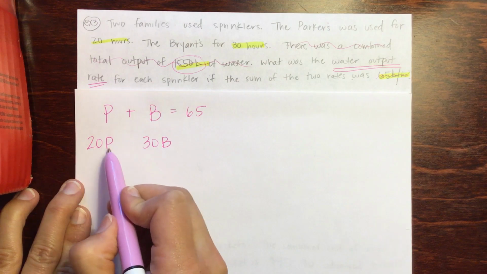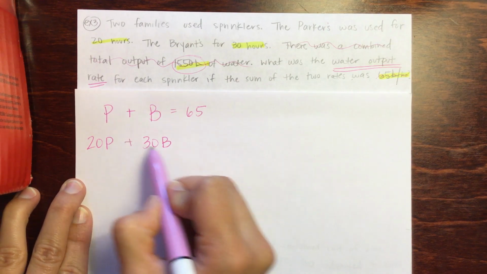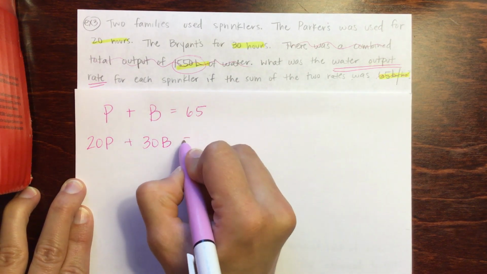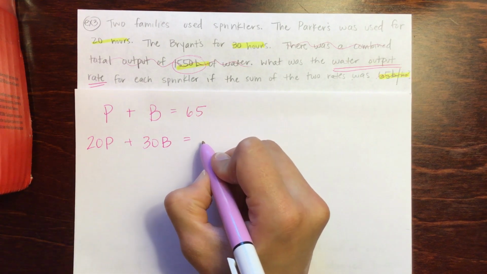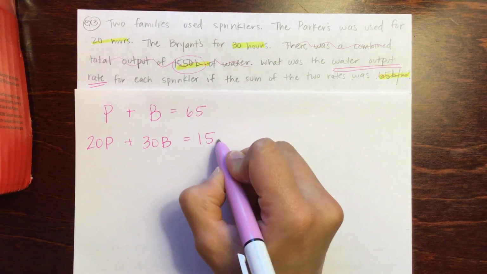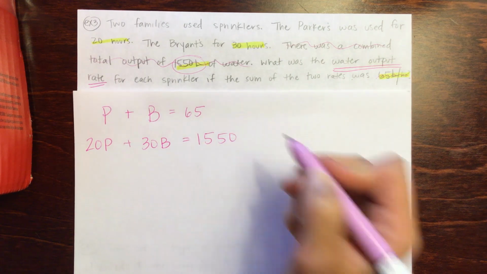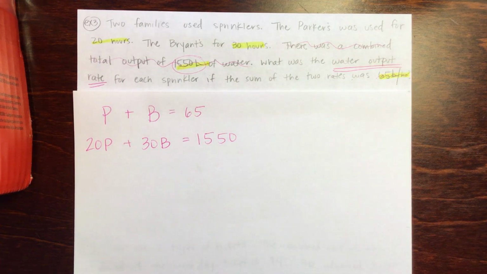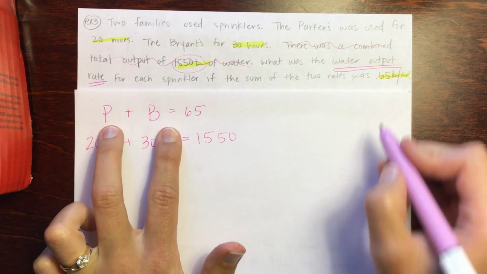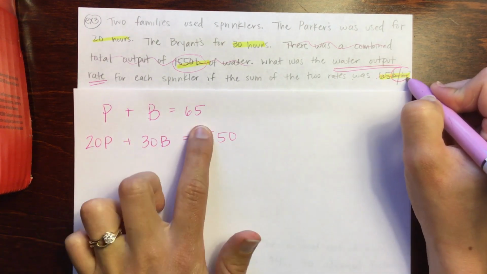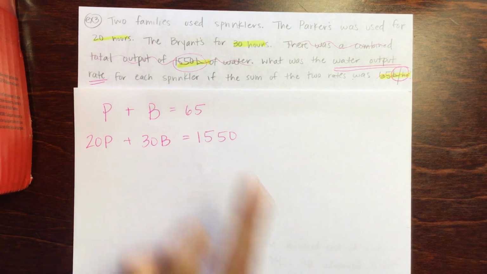So 20 times the rate of the Parkers plus 30 times the rate of the Bryants will give us the total amount of water that was used, which is 1,550. All right, we're going to solve this for P and for B, and our units for P and B are going to be the same as these units that are 65 liters per hour.